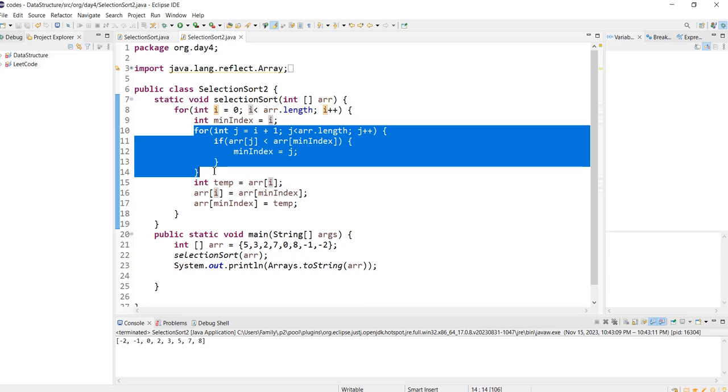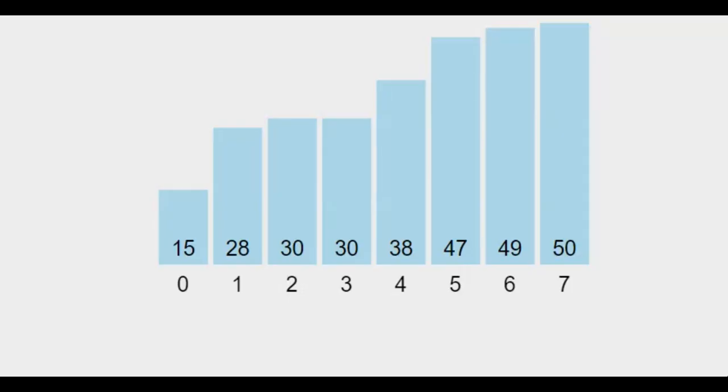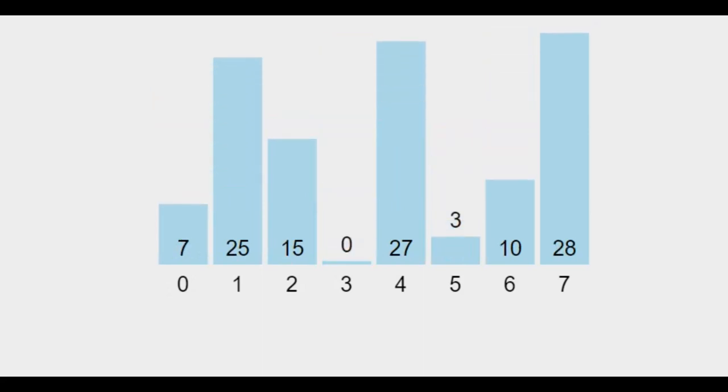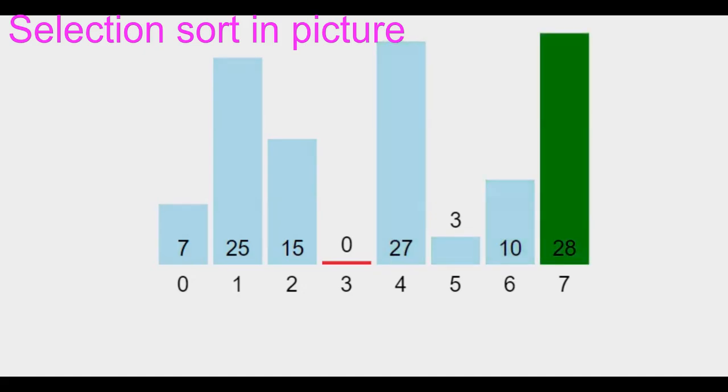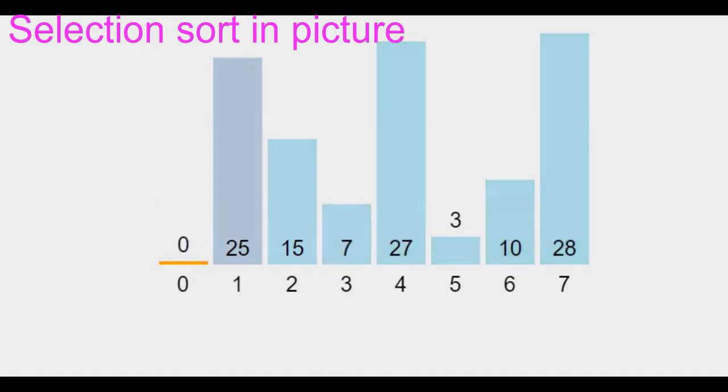All right, so thank you. All right guys, let's see whether this graph is going to help you. This graph is already sorted. Now let's make it unsorted, and then try to sort it again. Please look at what really happens here. Now the next one is the minimum element.